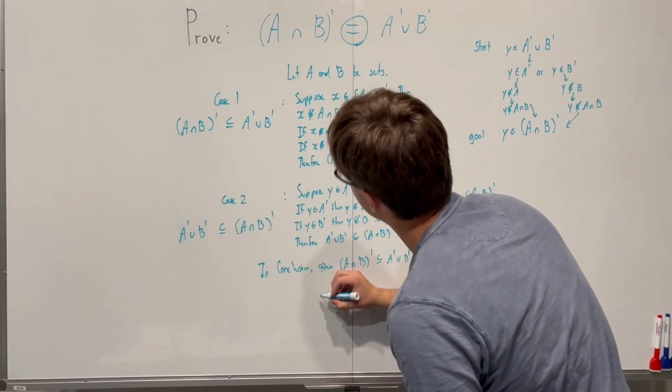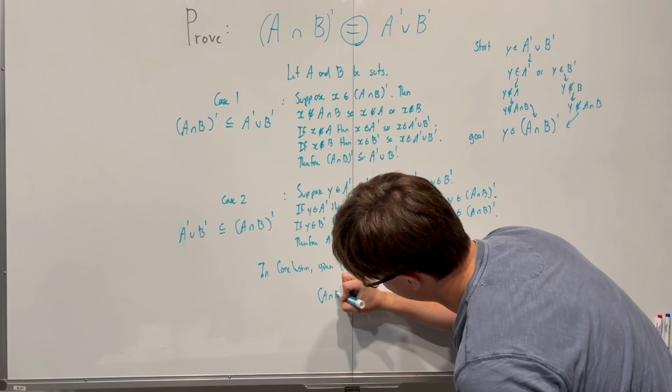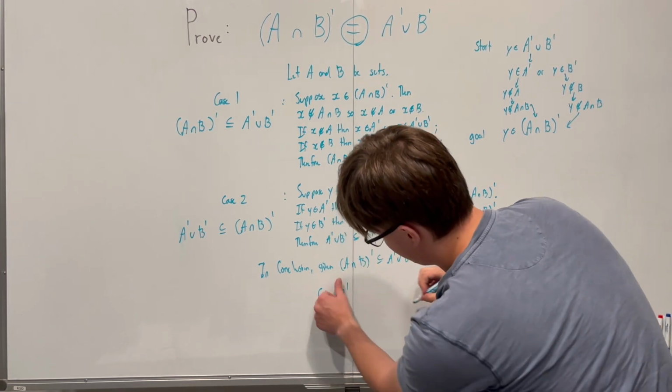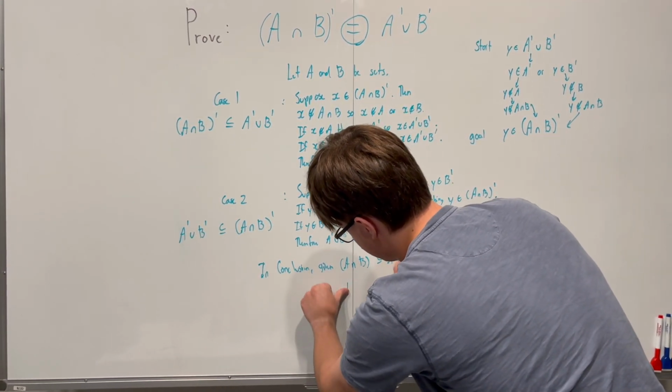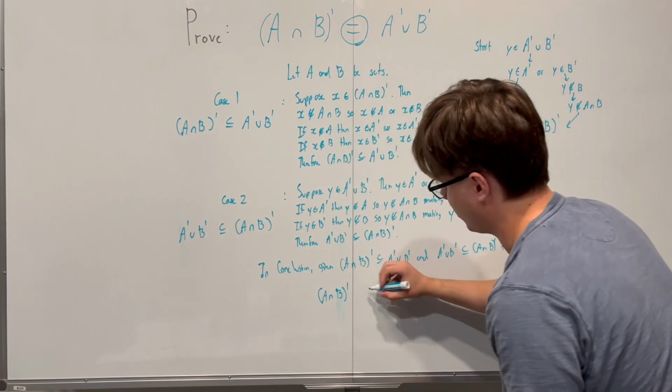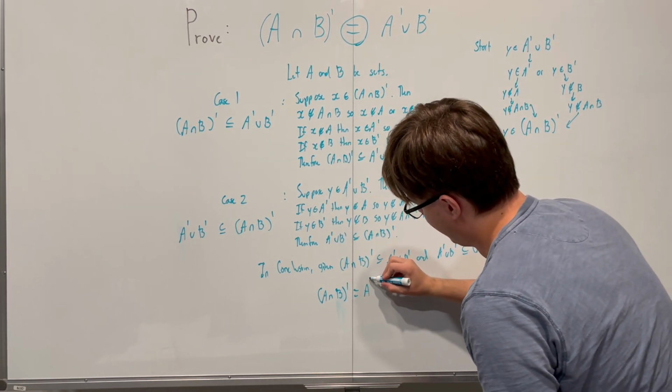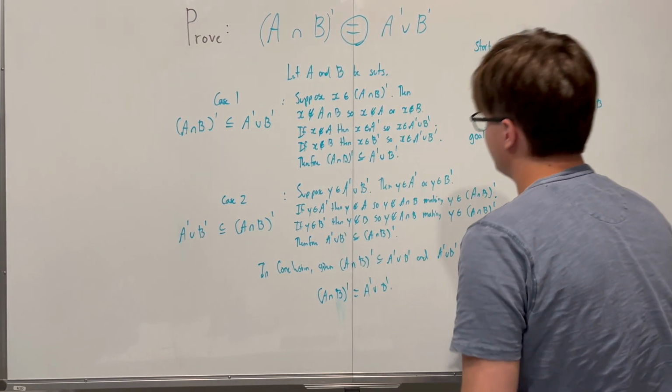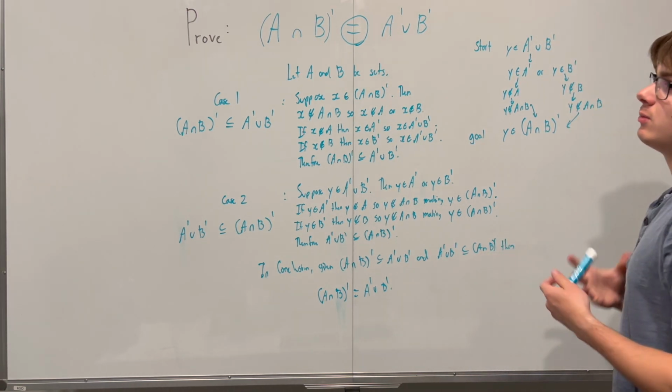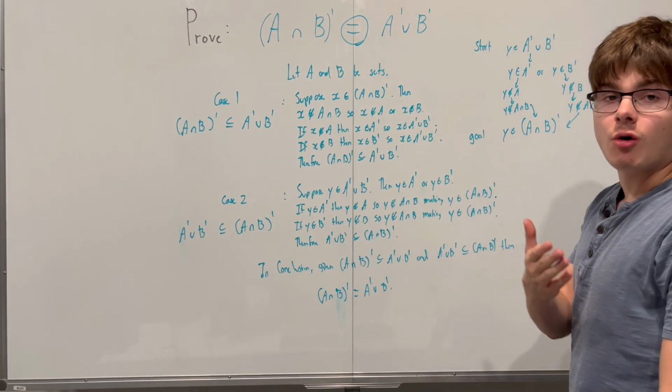Then the complement of A intersection with B, oh, my writing is not so great today, there we go, is equal to A complement unioned with B complement. So there we go, we've proven that De Morgan's second law is in fact going to be true.